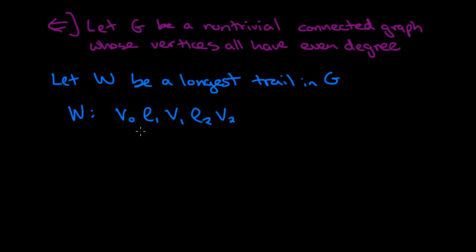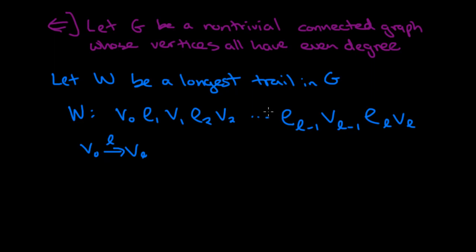So we're going all the way through these edges, and continue, and we get to E L minus 1 to vertex V L minus 1, and then E L to V L. Okay, so basically W is a longest trail from V0 to V L, and in fact we can see that there are exactly L of these edges, so it has length L. Of course we don't know what L is, we're just calling it the length of a longest trail.